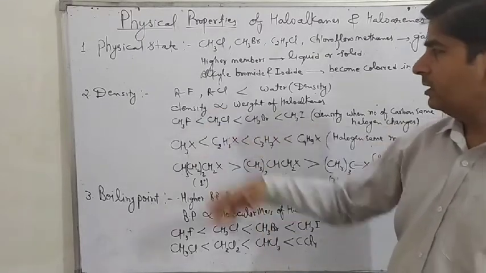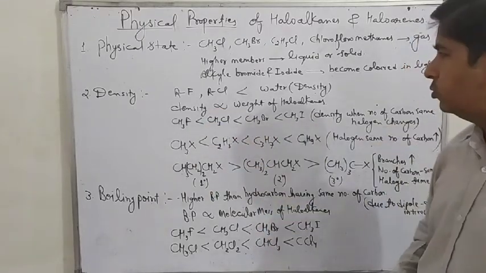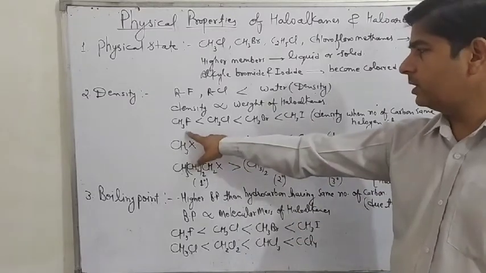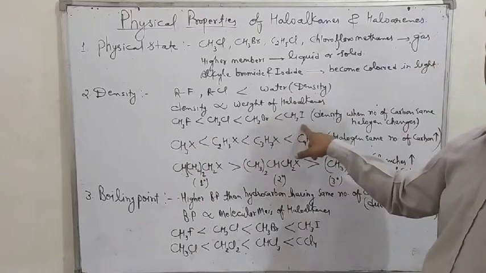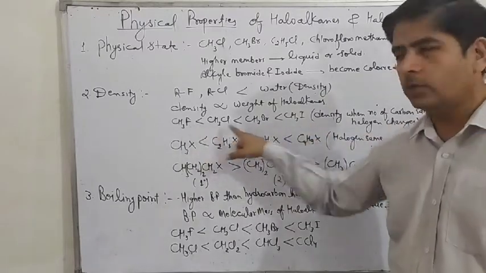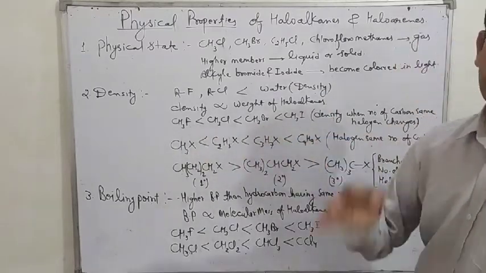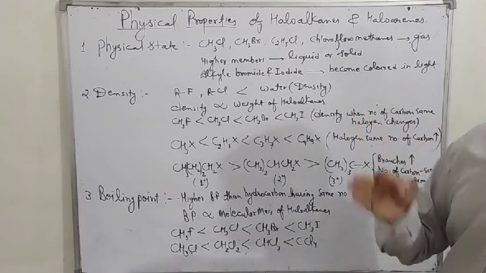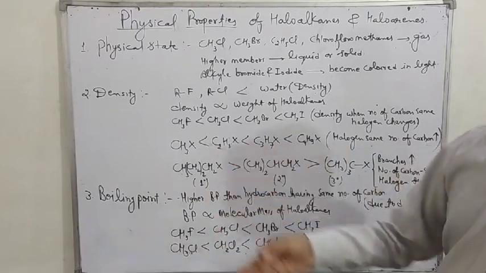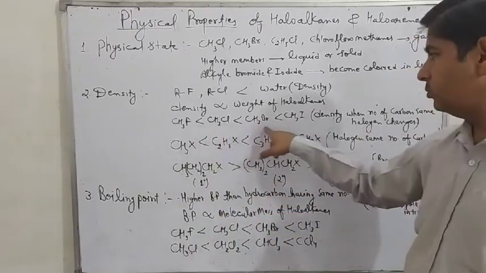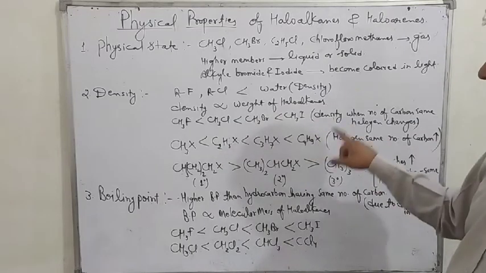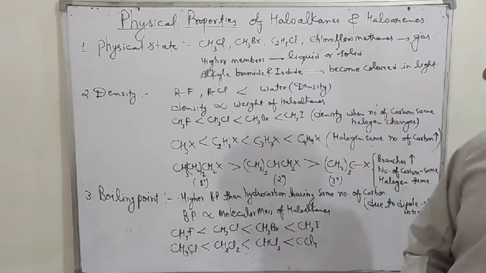As I said, density is directly proportional to the weight of haloalkanes. Here you can see methyl fluoride, methyl chloride, methyl bromide and methyl iodide. The number of carbons is the same, the number of hydrogens is the same, but the atomic mass of the halogen increases: fluorine, chlorine, bromine and iodine. As the molecular mass increases, the density will definitely increase.